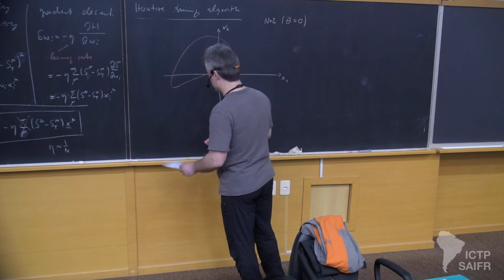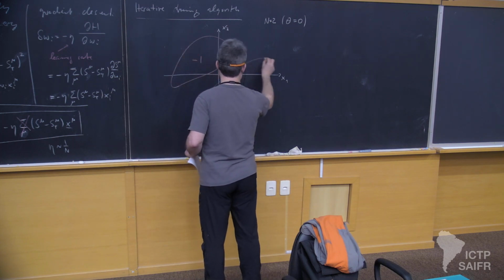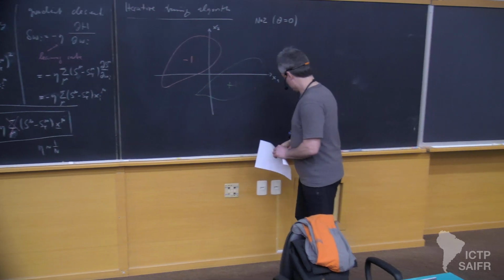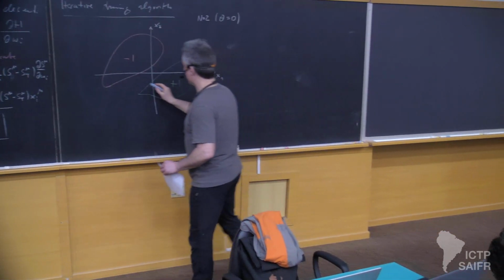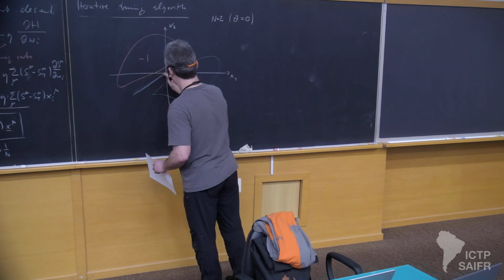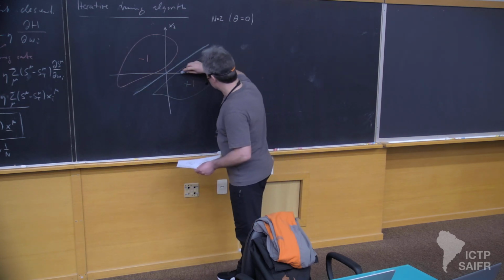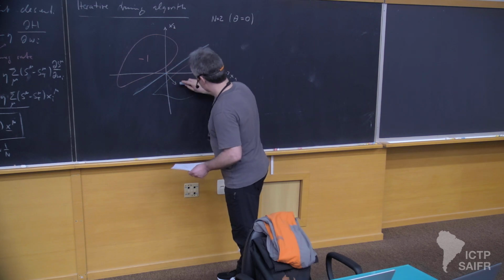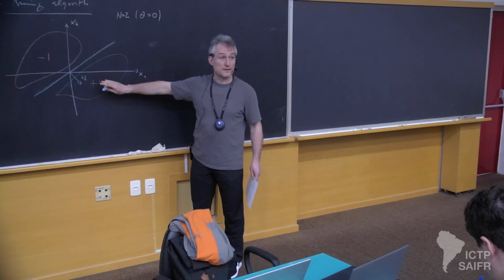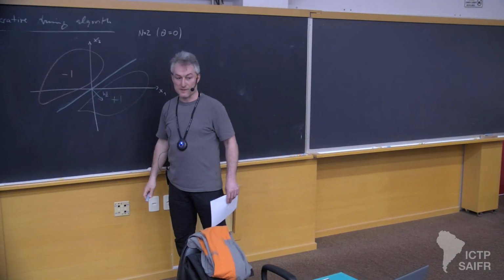So let's say we have already presented a lot of data to the network, and we have a plane here which separates a region where everything is classified as +1 from a region where everything is classified as -1.